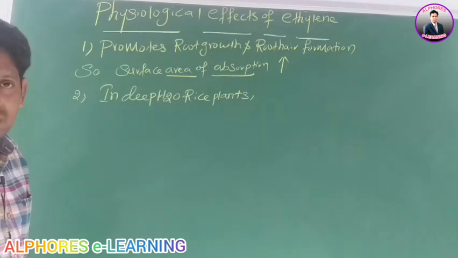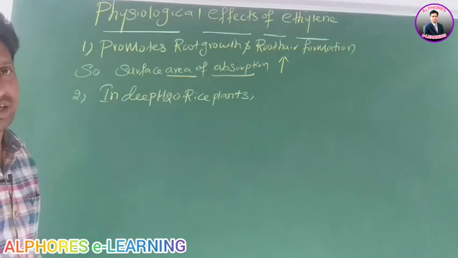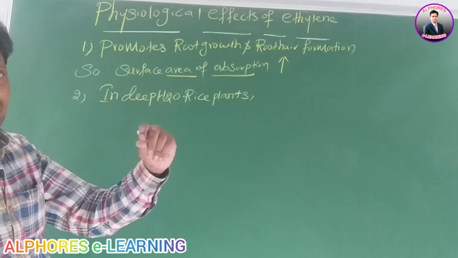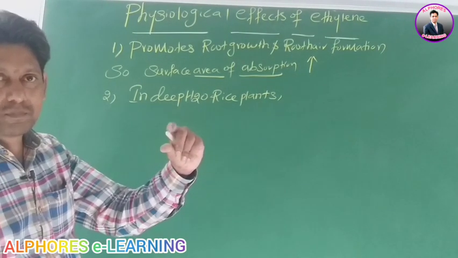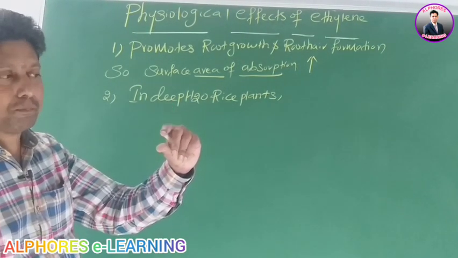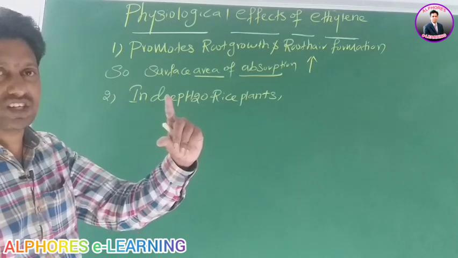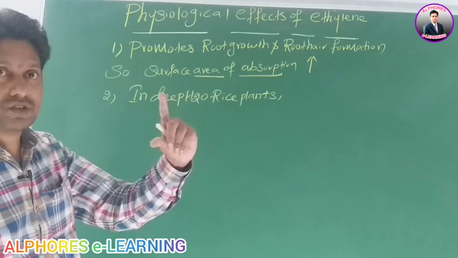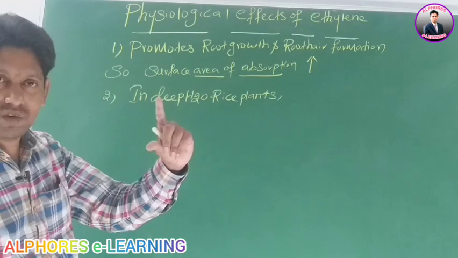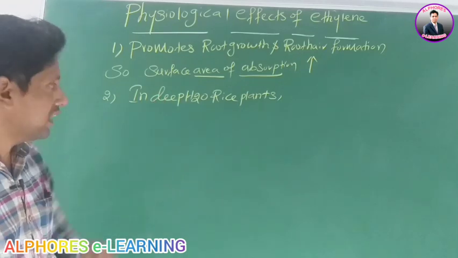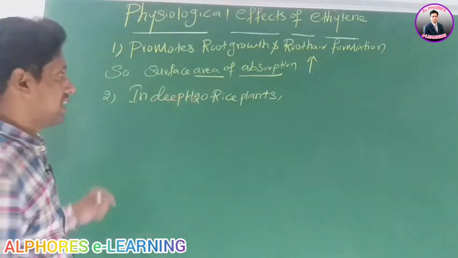What are elongated? Internodes of the stem. Sir, if internodes of the stem get elongated, what happens, sir? Automatically the upper part of the shoot system comes to the water surface. Is it okay?